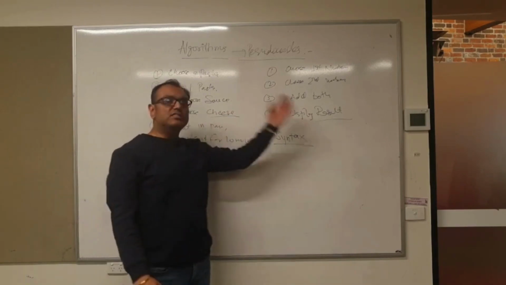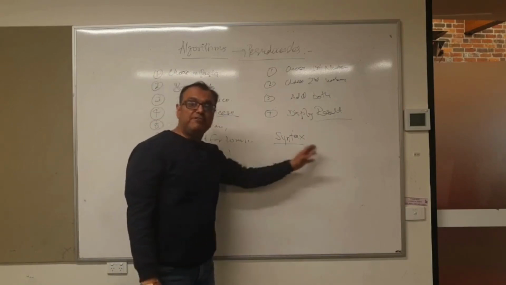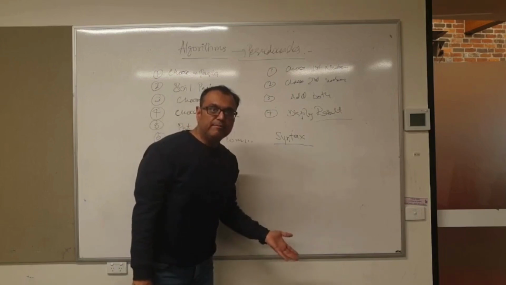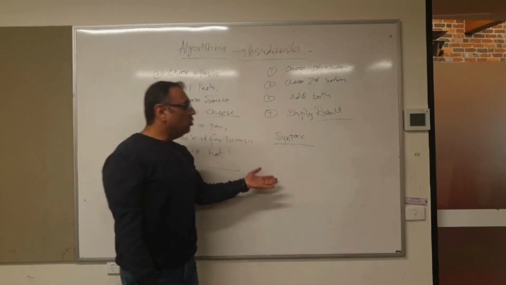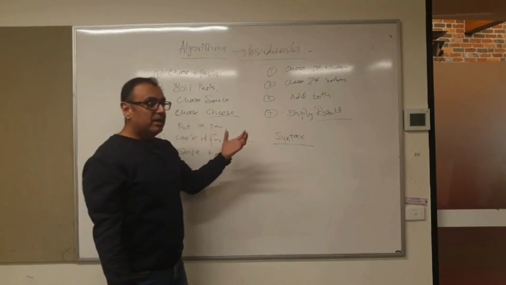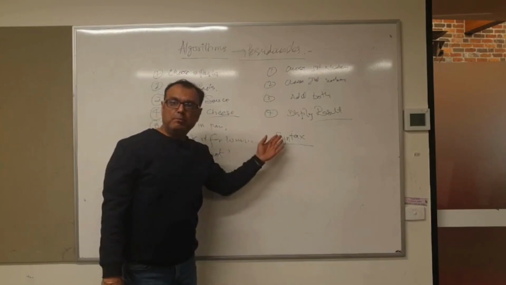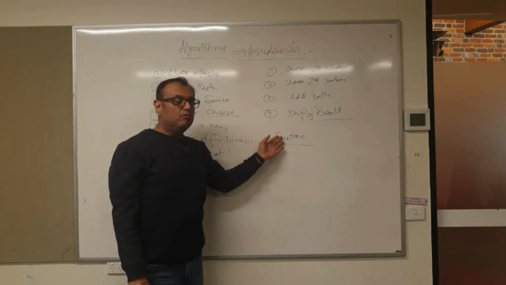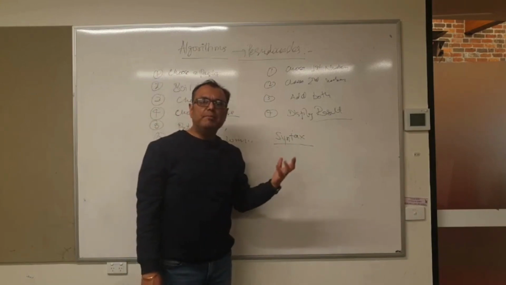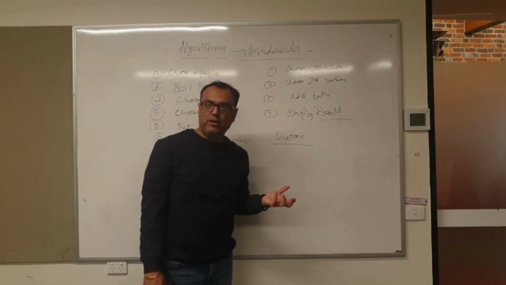Now there are thousands and thousands of programming languages in the world, and every language has a different way of writing the same thing. So the challenge is, if I want to program my computer to add two numbers, the first challenge is which programming language my computer understands or I'm trying to program it on.